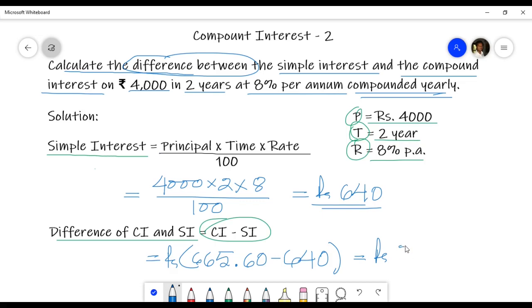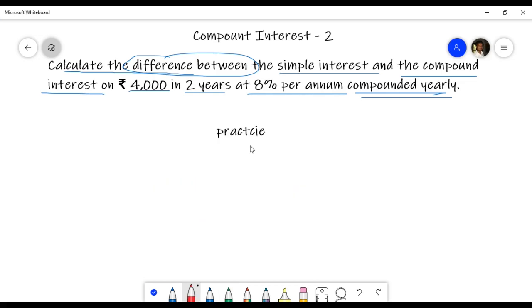When we subtract these two values, we will get the difference, and the difference of compound interest and simple interest in this question is rupees 25 and 60 paise. So this is the answer that we have found.